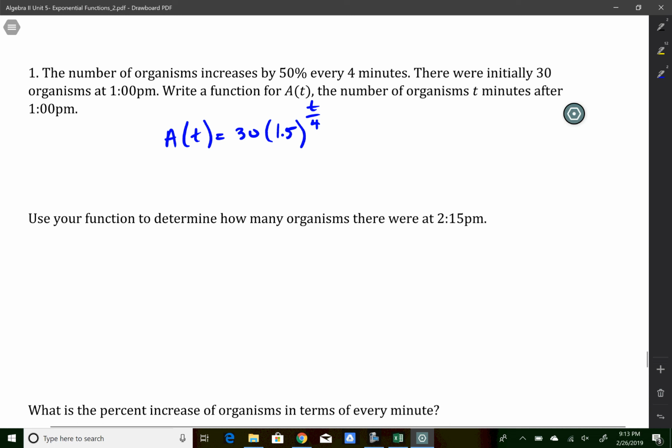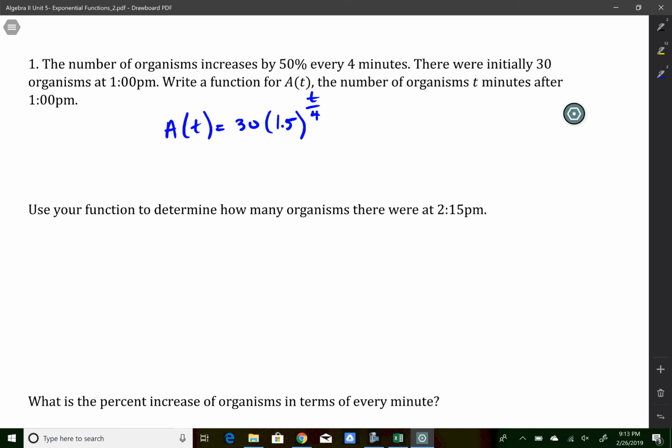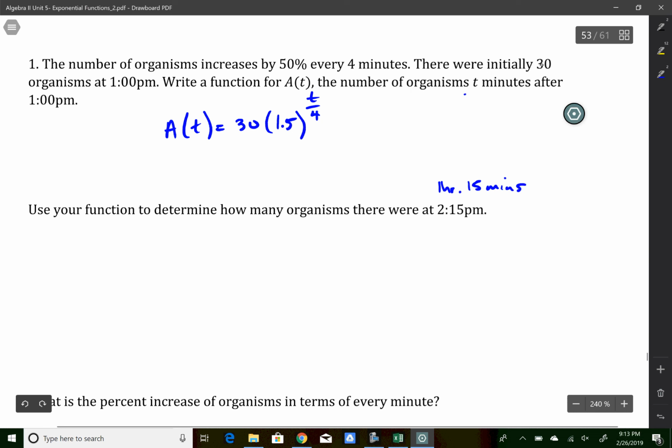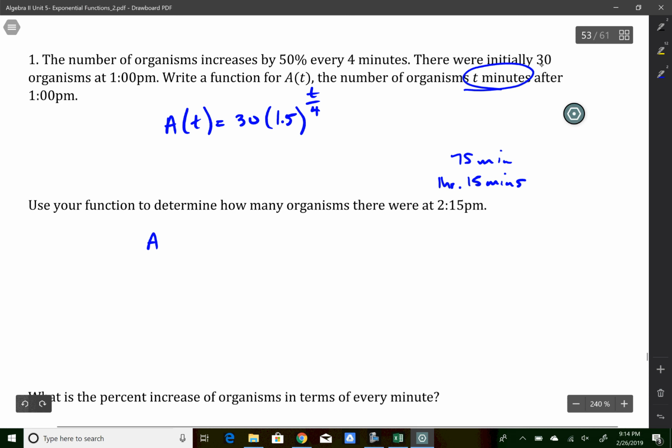So it says use your function to determine how many organisms there are at 2:15. So if the starting time is 1 and we want to go to 2:15, that's 1 hour and 15 minutes. But notice the function is in minutes. So I have to make this 75 minutes. I know that because each hour is 60 minutes. So I can say, what is a of 75? And then I just have to type that in my calculator.